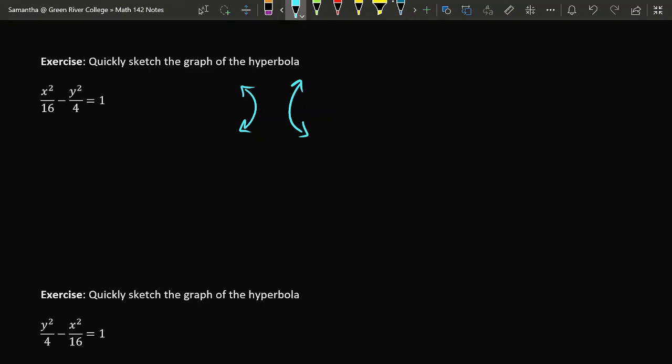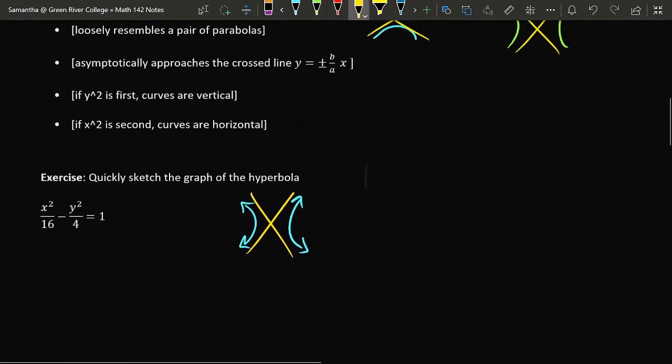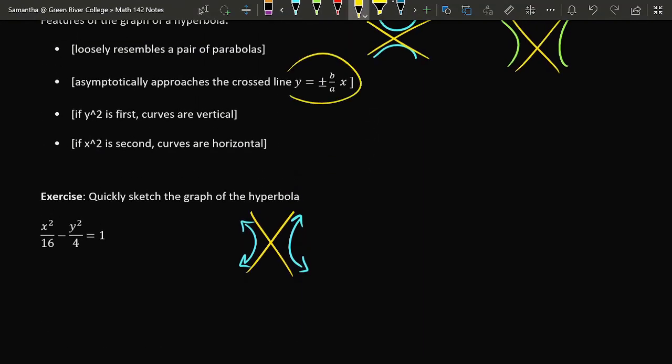So I'm expecting something, roughly speaking, that looks like this. I'm also expecting to be able to squeeze in a pair of crisscrossed straight lines, who, if I wanted to reference the fact above, would have the equations y equals plus or minus b, where b is equal to 2 because b squared is equal to 4, and a is equal to 4 because a squared is equal to 16.